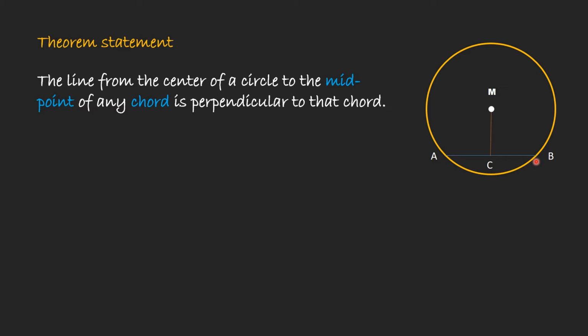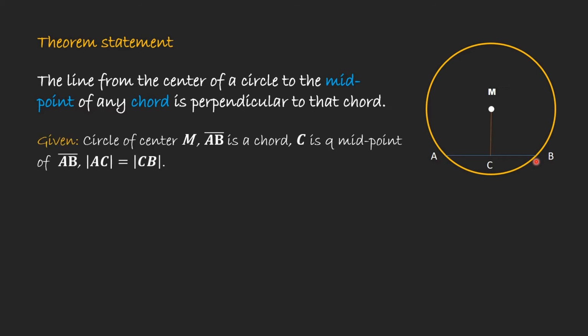How can we prove this statement? First, let's take a look at the given in this statement. What is the given? The given is that this is the circle of the center M, and we have AB as a chord for this circle. This is the chord AB.